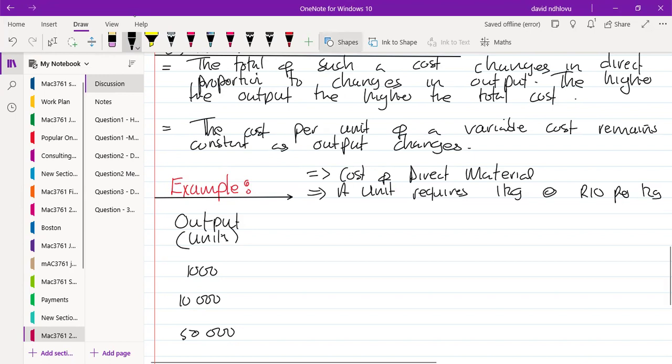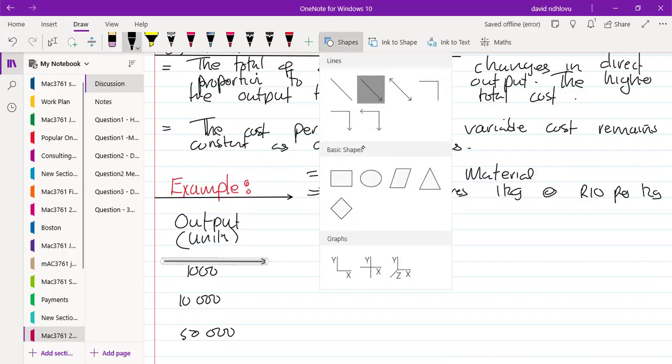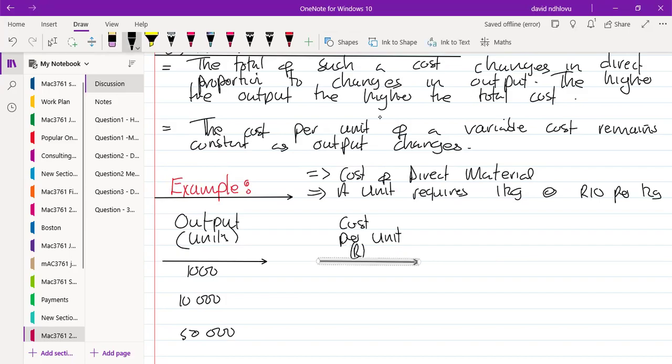So when you look at the cost per unit in rand, it doesn't matter how many units you are producing as a company, to produce 1 unit it is going to cost 10 rand. We are going to need 1 kg and 1 kg is going to require 10 rand. So we're going to have 10 here. So at all levels of production, the material required will be costing us 10 rand.